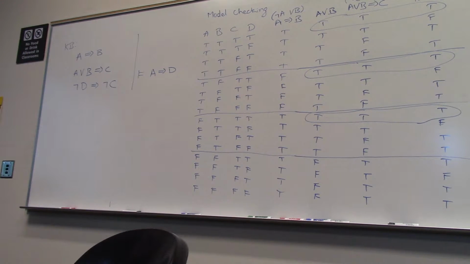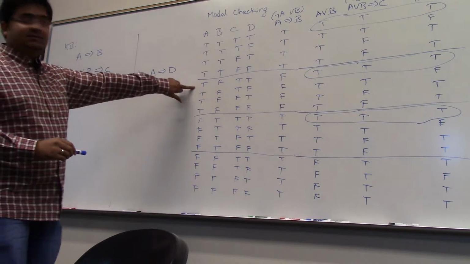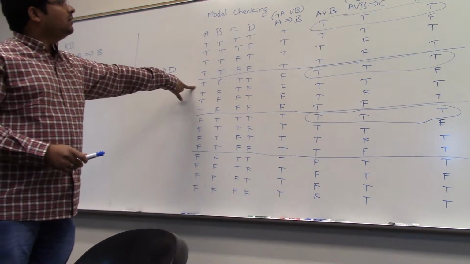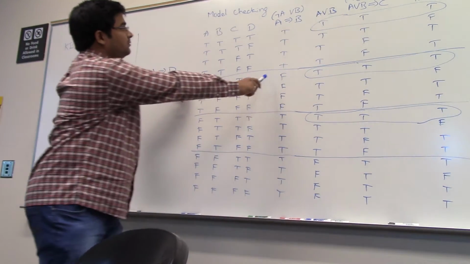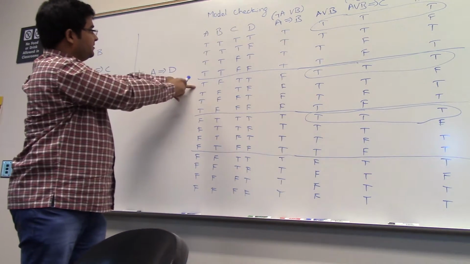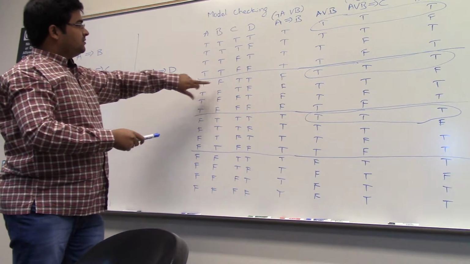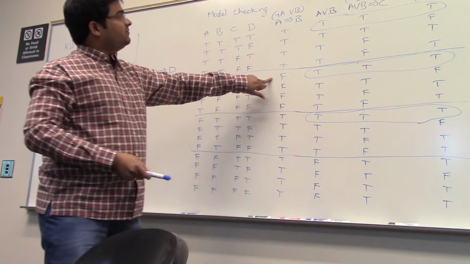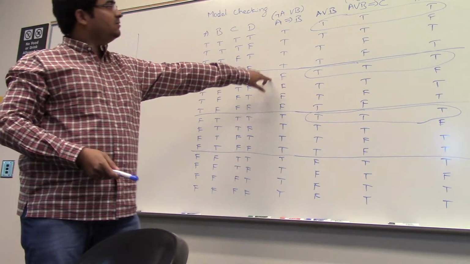Not B? Not A. Where is it wrong? A plus B. So not A or B. It's false, right? Which one is it? This one?